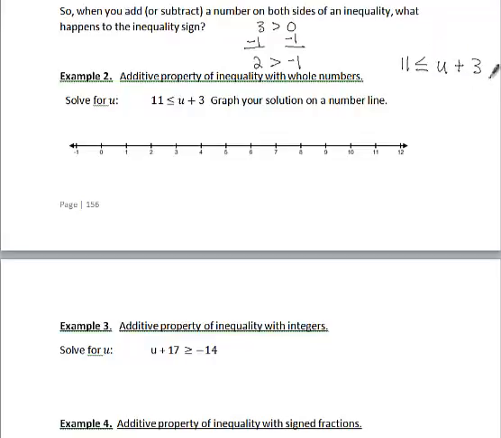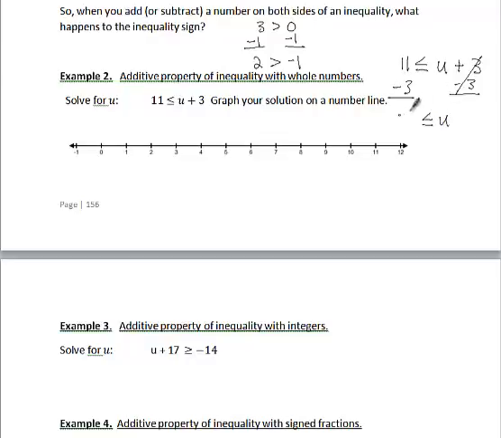Just focusing on the right, we have u plus 3. What is the opposite of what's happening to the u? Well, that would be to subtract 3. And so we do that to both sides of the inequality. The 3's cancel on the right.